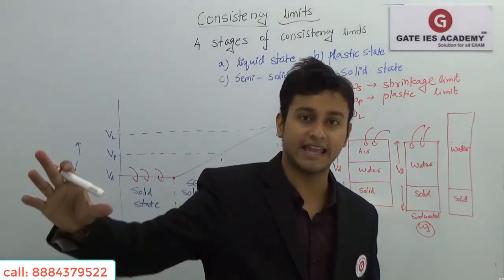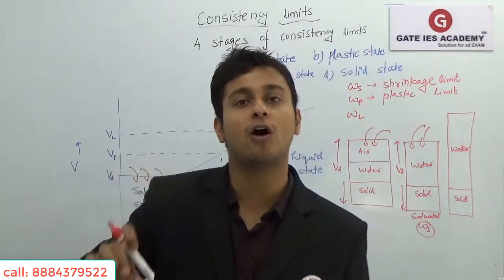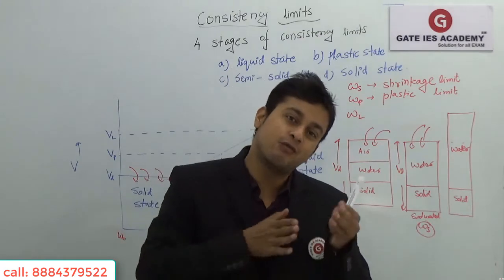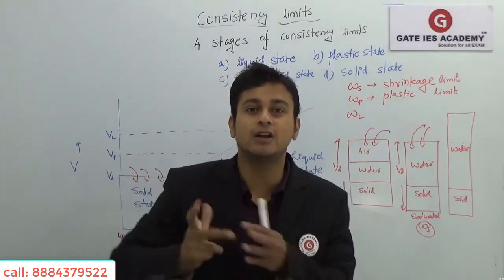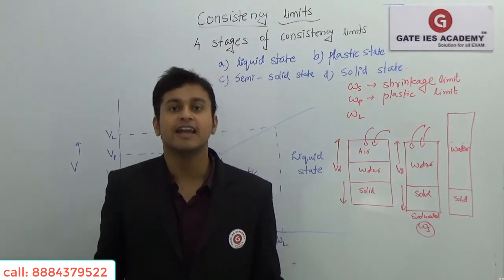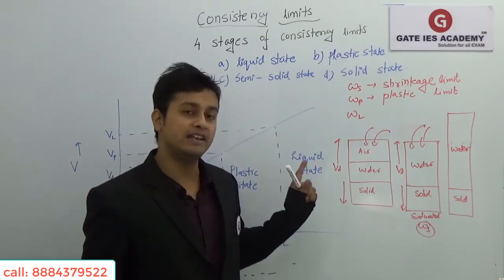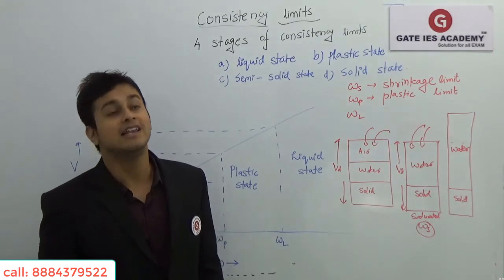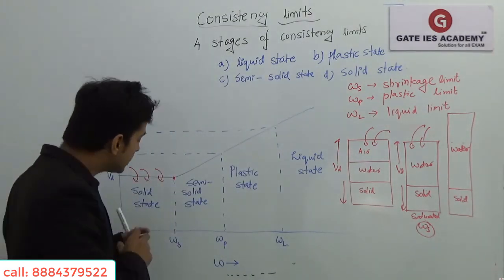It will flow like anything, and you need not apply even a pin drop of stress. It is flowing like a liquid. That's why the whole soil system becomes a liquid. The soil grains are dissolved in some manner in the water. Where the liquid state starts is called the liquid limit.